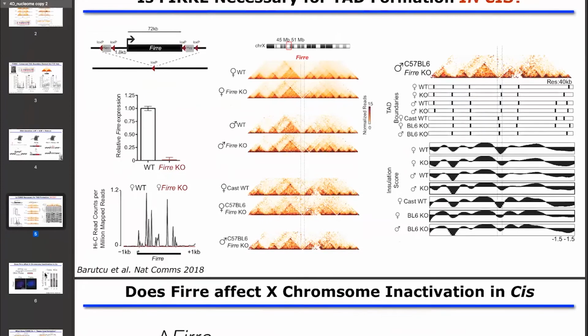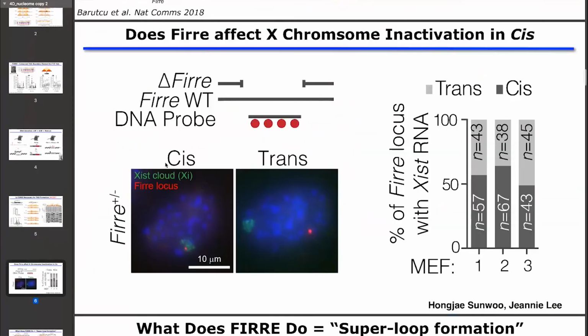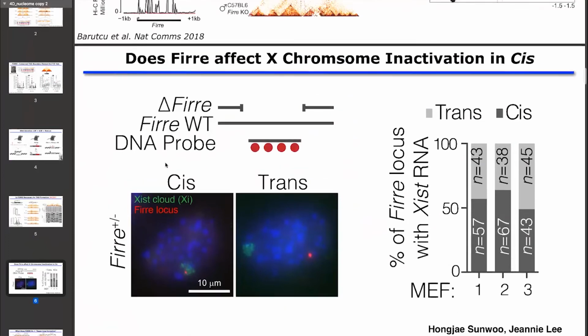And that's where we wanted to ask if maybe X chromosome inactivation was a defect that we wouldn't see by HiC. In order to do that, we teamed up with Jeannie Lee's lab. They did the Xist and FIRE co-staining. So FIRE's in red in these images, and the Xist RNA is in green.